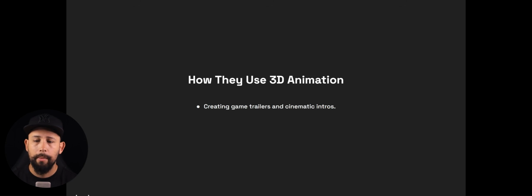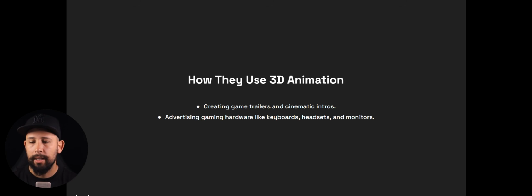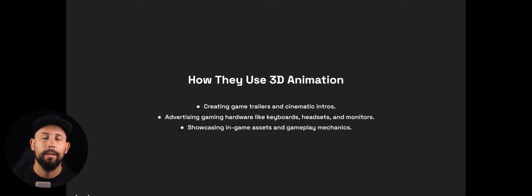So how to use 3D animation: you can also create game trailers and cinematic intros for those same games. Like they give you the assets and you create those animations for them. Advertising gaming hardware like keyboards, headsets, and monitors, of course, right? Showcasing in-game assets and gameplay machines. So there's a lot of room here, a lot of room.